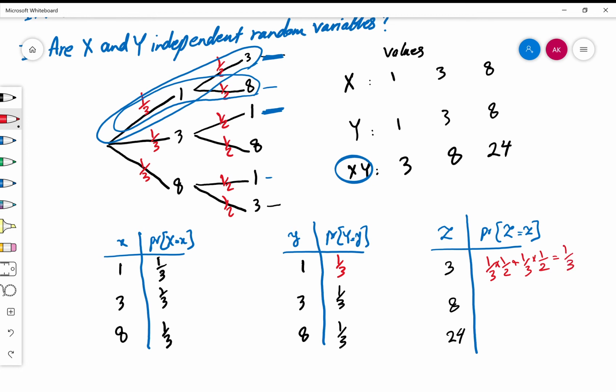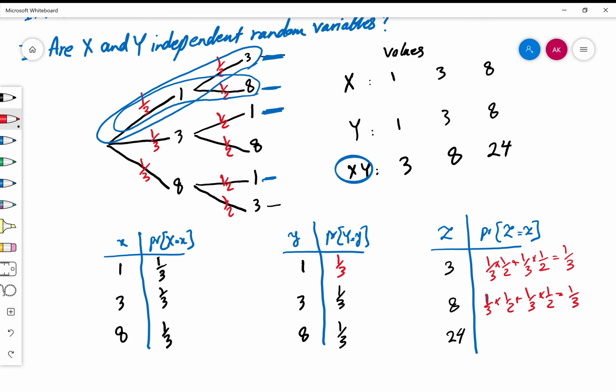How about 8? 8 can be obtained from this or this, and again 1 over 3 times 1 over 2 plus 1 over 3 times 1 over 2, which adds to 1 over 3.